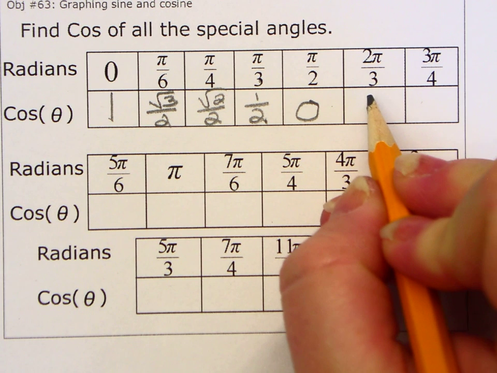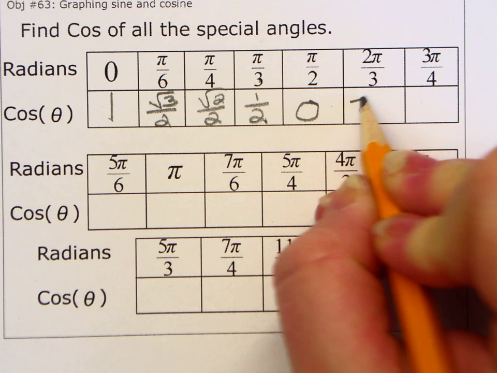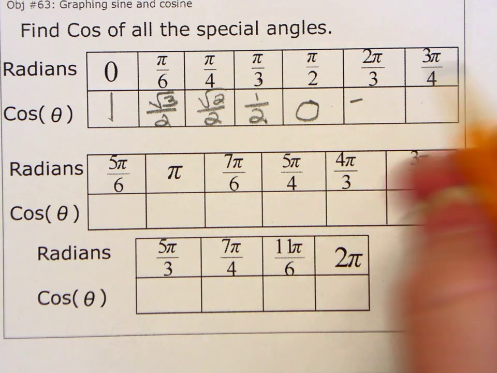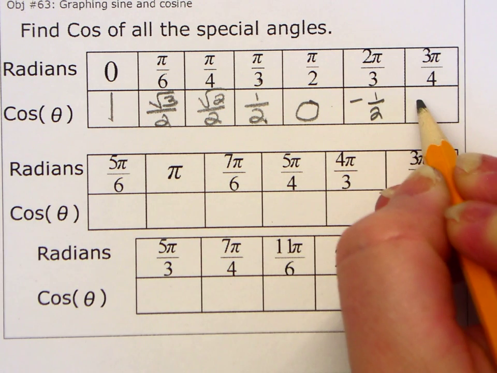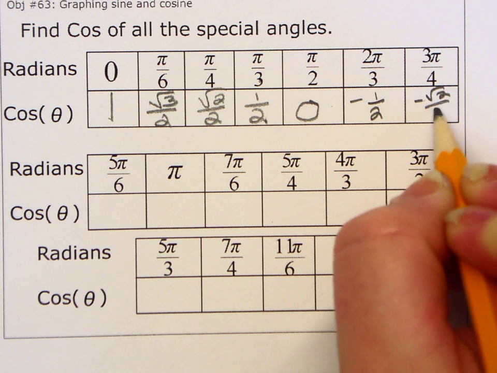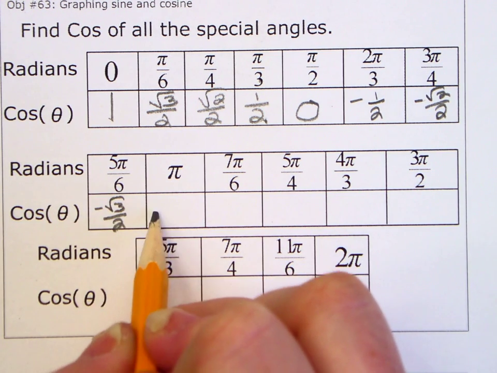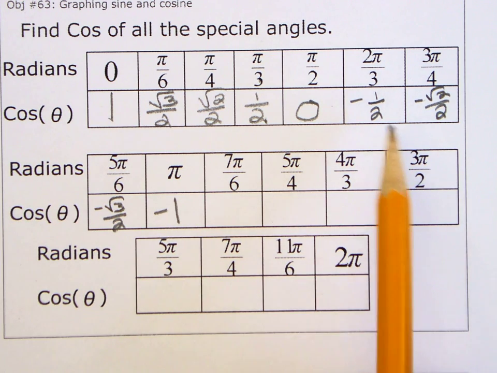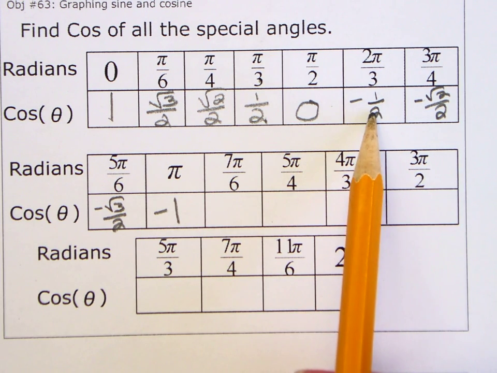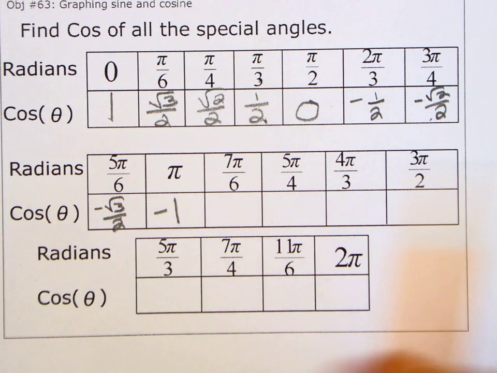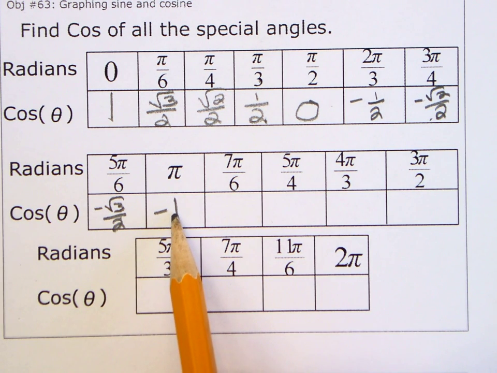So negative, wait, did I do something wrong? Oh, no, negative a half, negative radical 2 over 2, negative radical 3 over 2, to negative 1, right? Because this is really smallest to biggest. 0.5, 0.7, 0.866. So we got down to negative 1. Now we come back to 0.